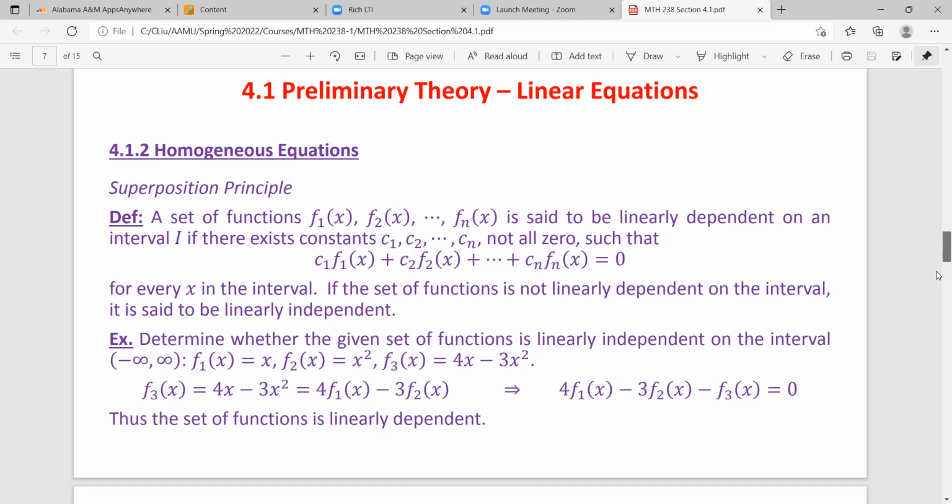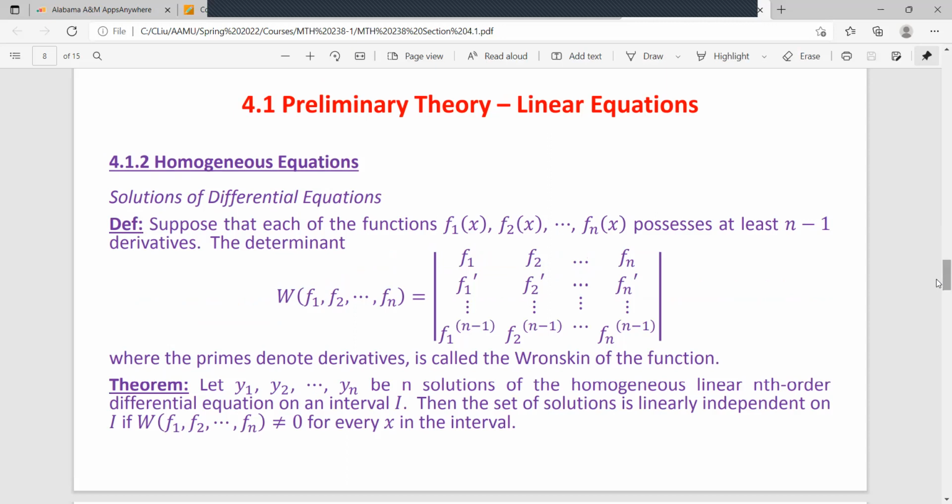And one of the ways to test whether the functions are linearly independent or not is to use the Wronskian of the functions.